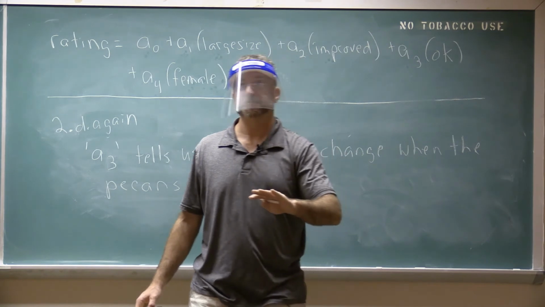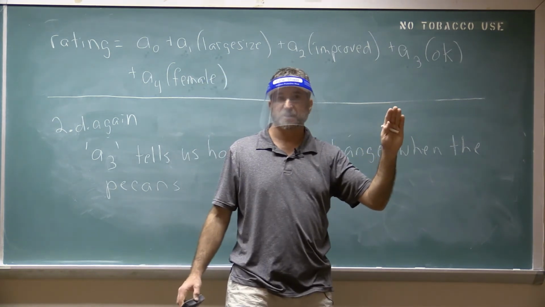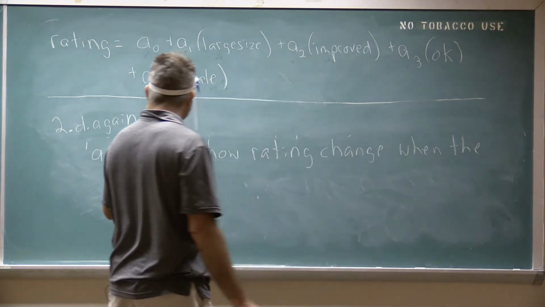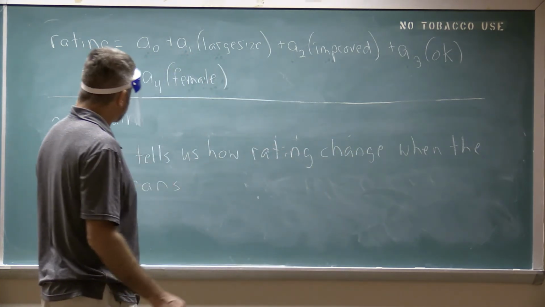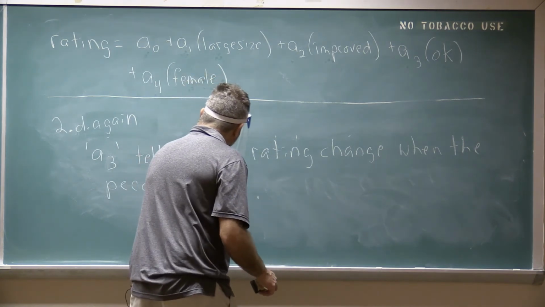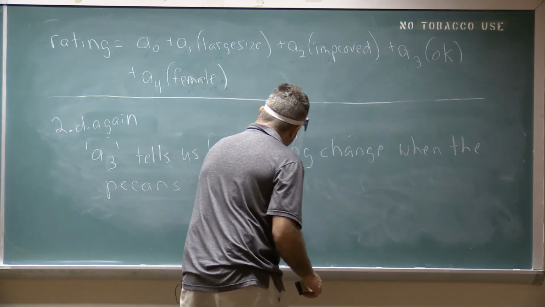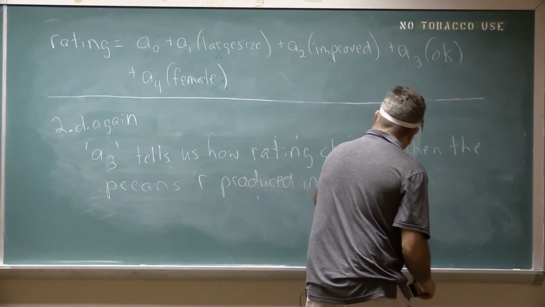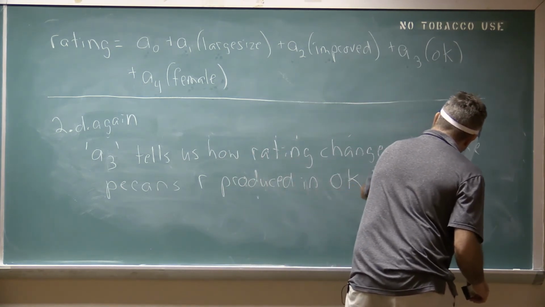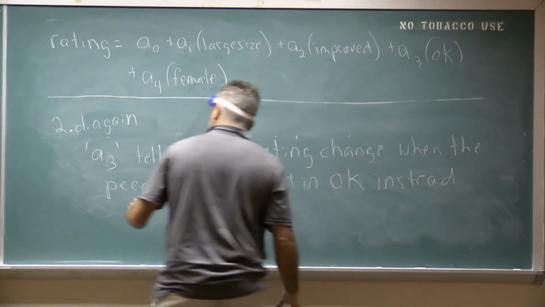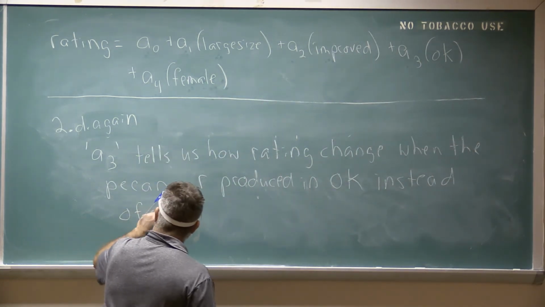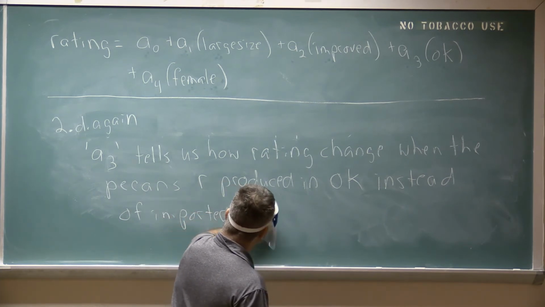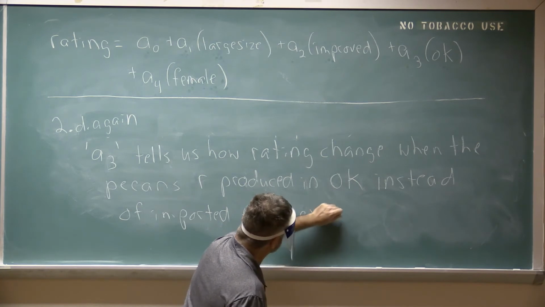Imported from Mexico. And when it becomes 1, it's what? Grown in Oklahoma. So A3 tells us how ratings change when the pecans are produced in our lovely, great state of Oklahoma instead of imported from Mexico.